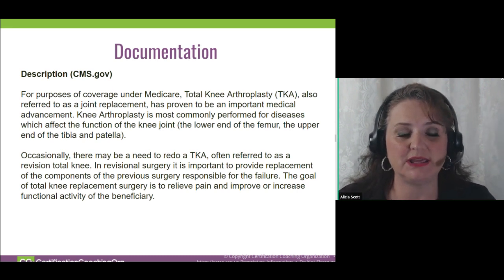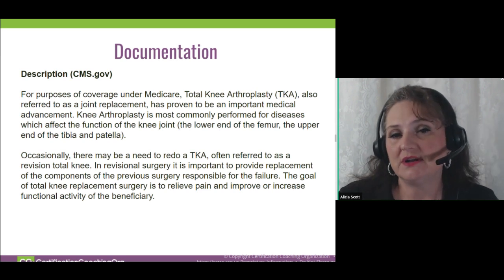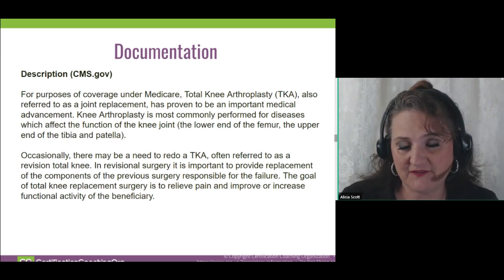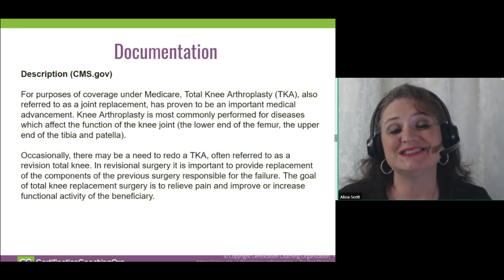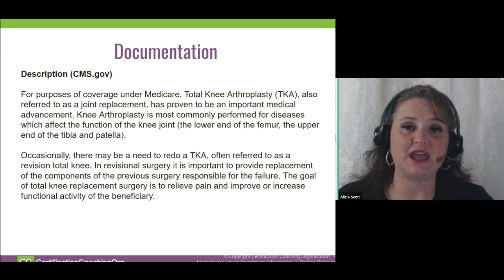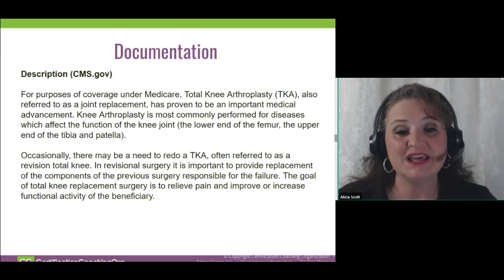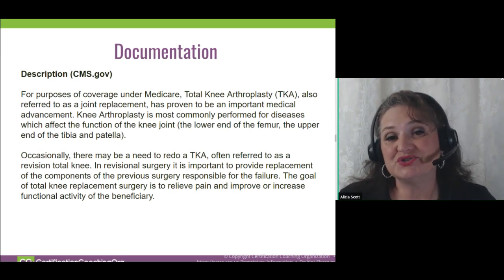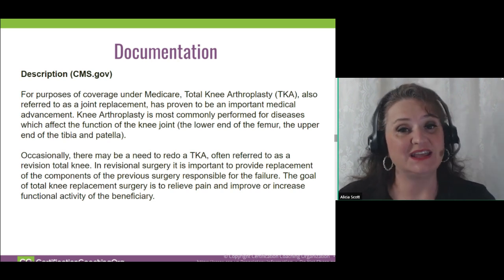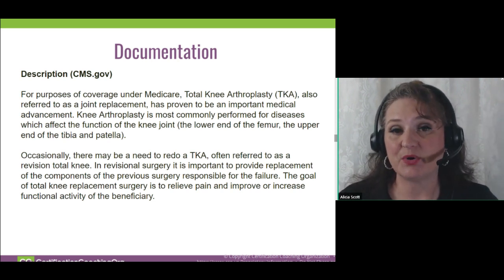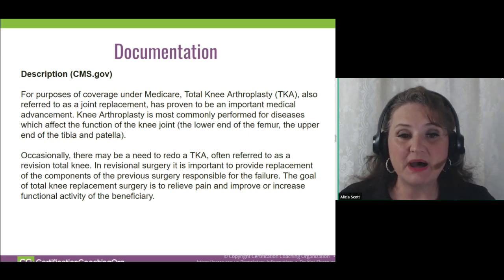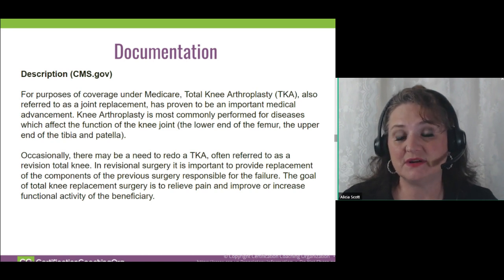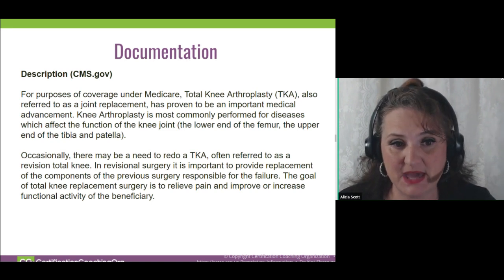That's really, really key. Another bit of documentation that I felt was really important to understand is some information that cms.gov gave on descriptions. If you want your procedure to be paid for, then again, we need to make sure we're using the proper codes for the procedures being done, but we also want to make sure that medical necessity is being met.